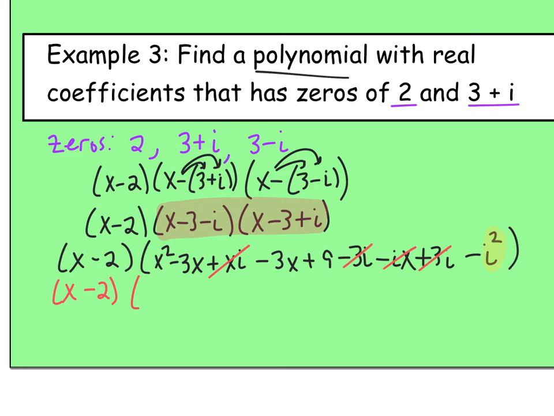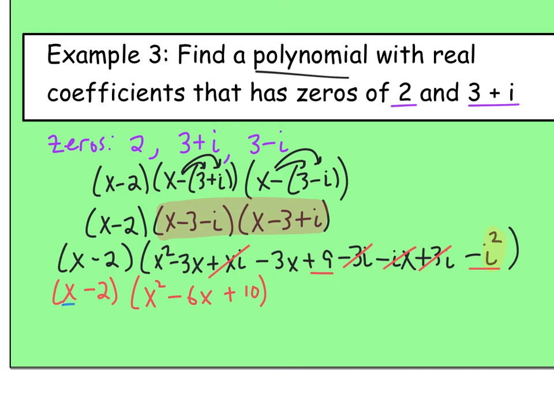So what we really have is x squared, minus 3x minus 3 more x, so minus 6x. And then there's a plus 9, and minus this negative 1 is like adding 1. So the plus 9 plus 1 is going to end up being a plus 10. Okay, so our final step will be to multiply x minus 2 times x squared minus 6x plus 10.